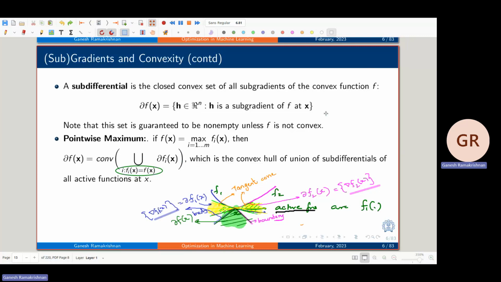So we are saying, look at the subdifferential of fi. The subdifferential of fi itself may involve another union.